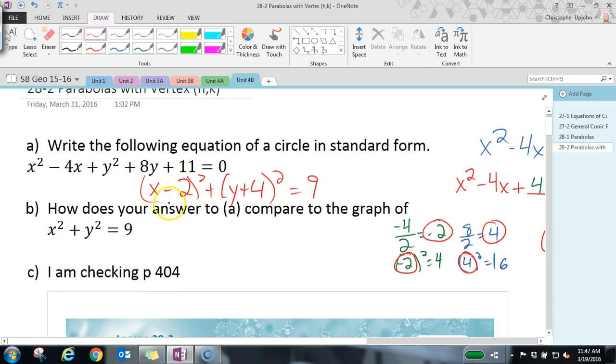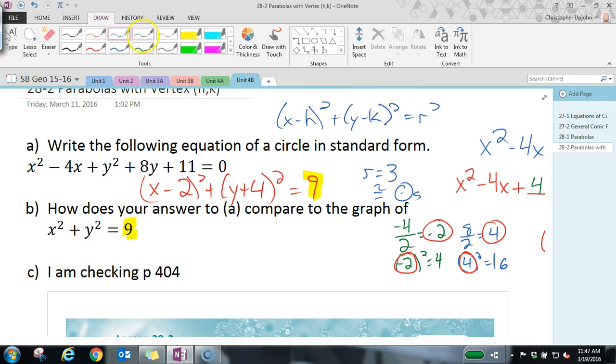Now, how does that compare to letter B? Well, they both have 9 there, so that means they have the same radius of 3, so they are congruent circles. But if we remember, x minus h squared plus y minus k squared, or h comma k is my center, so my center in this first problem is 2, negative 4.